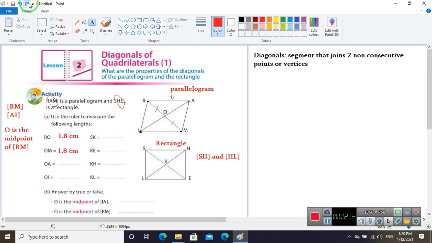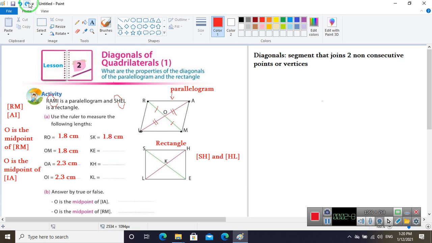Let's continue. Let's measure OA, it's 2.3. Also OI, 2.3. How can I distinguish between them? I should also put my coded information on the figure, and it should be different from the RO and OM. I will differentiate it by putting two ticks. Also, I can say O is the midpoint of IA. Let's measure SK.